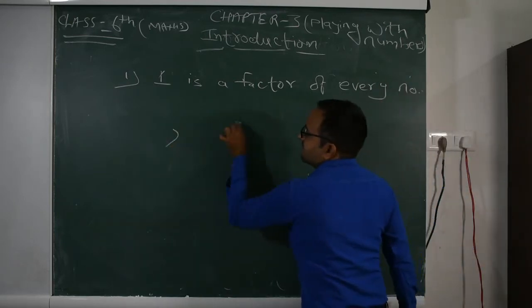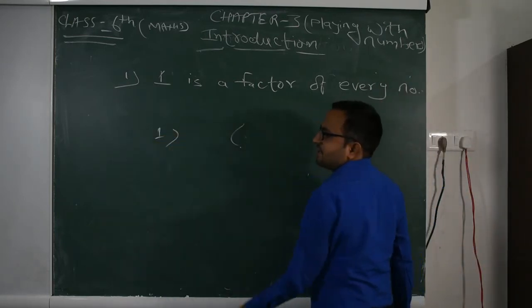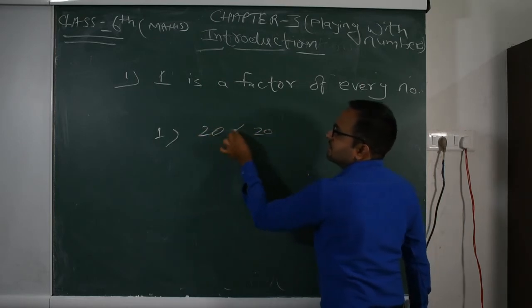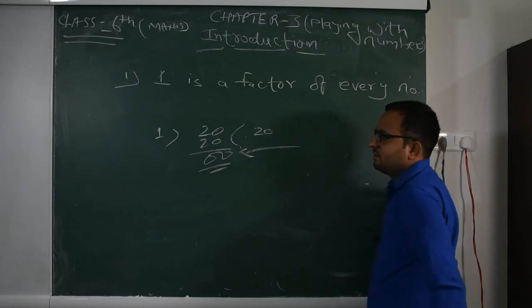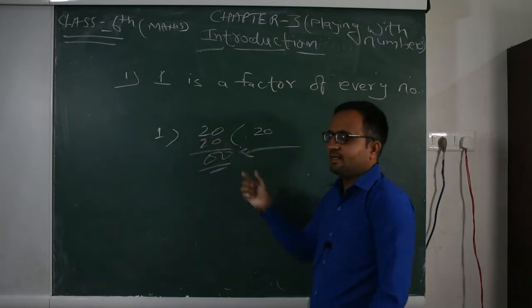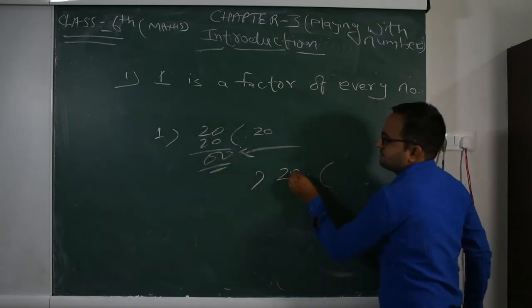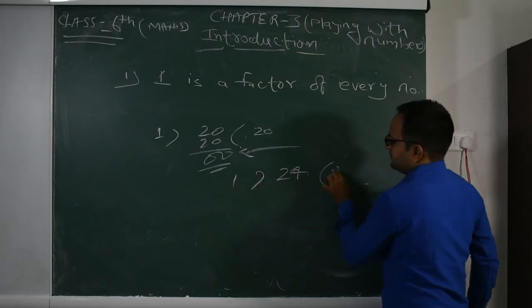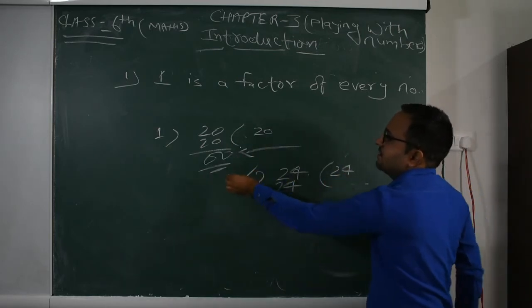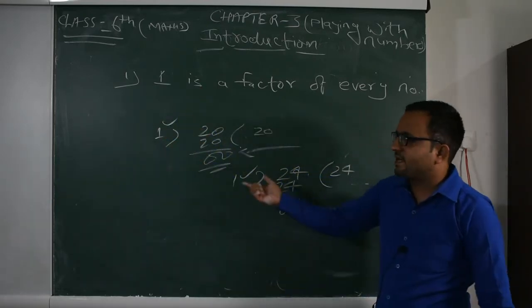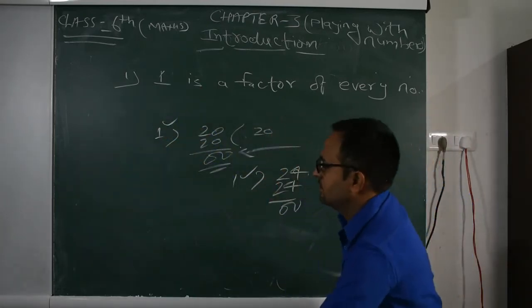That means 1 is a factor of every number. We get remainder 0, so 1 is a factor of 20. Same as for any other number. So 1 is a factor of every number.